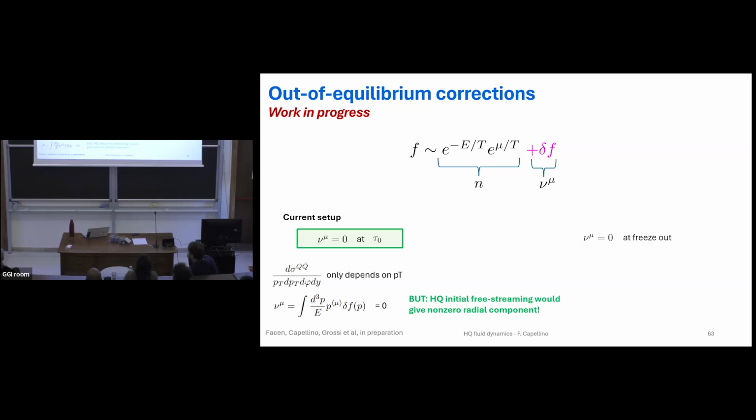So in order to be a bit more realistic, we could consider a free streaming phase of the heavy quark before the starting time of the fireball evolution. In this case, we would indeed obtain a non-zero component for the diffusion current at the beginning of the evolution. This is also another direction that I'm working on.